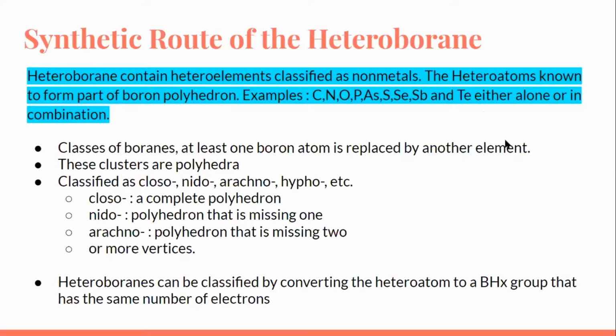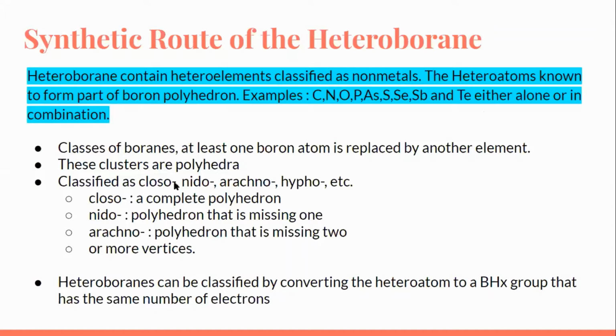Basically, the elements that can be attached in this heteroborane are from groups 13, 14, 15, and 16. These clusters are polyhedra and can be classified as Closo, Nido, Arachno, Hypho, etc., which are the names of the structures.